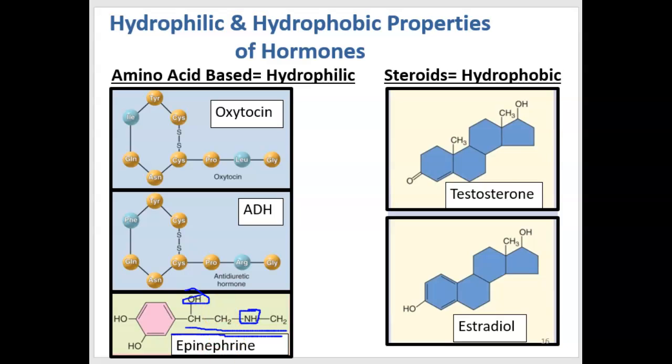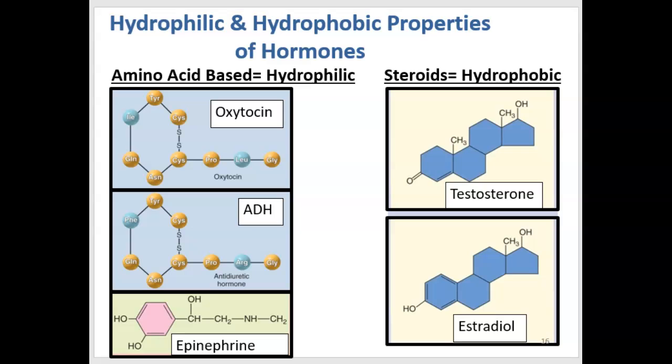Okay. But steroids don't. They're mainly based on carbon and hydrogen bonds, which are characteristically hydrophobic. This will make a difference in how they're transported in the blood, because the plasma of the blood is water-based.